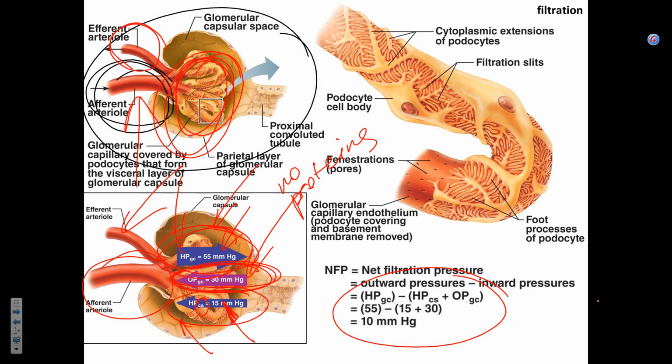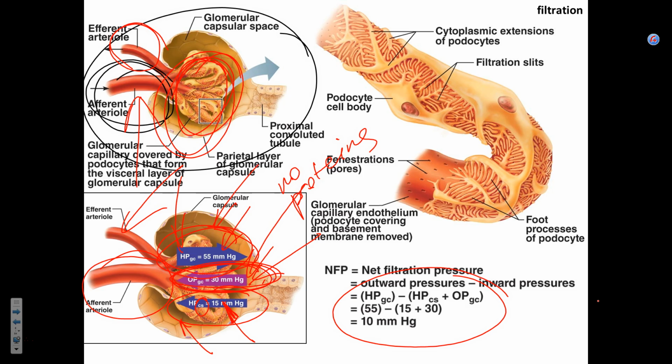Everything else stays the same, but albumin goes up. Albumin is responsible for which pressure? Osmotic. So that osmotic, that purple arrow, increases. What does that mean? Less filtrate is formed, right? You pee less, essentially.